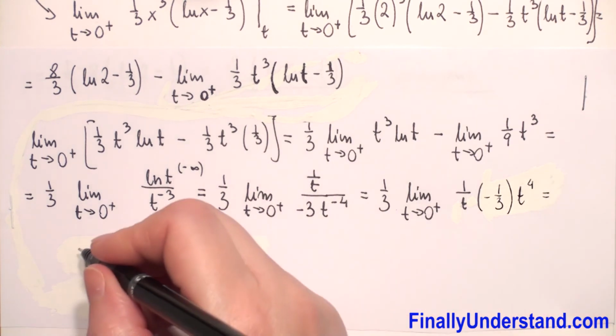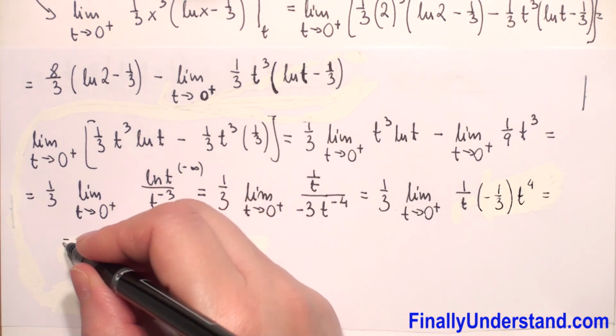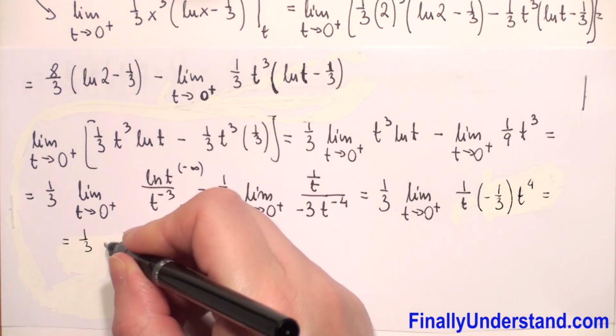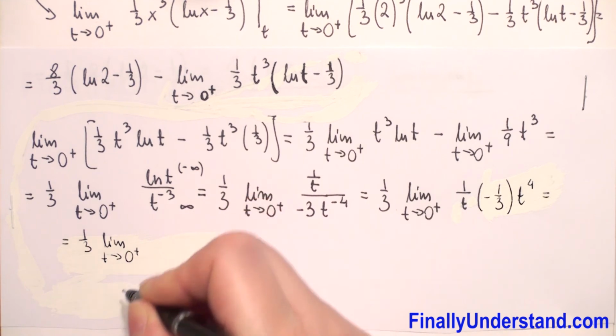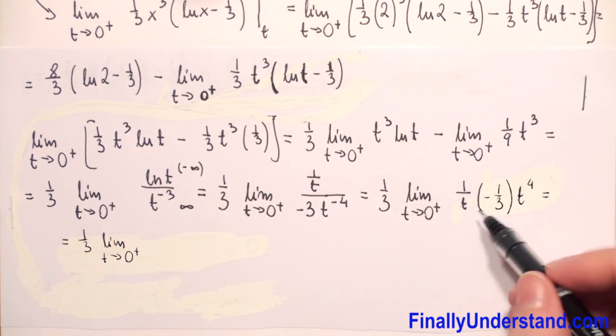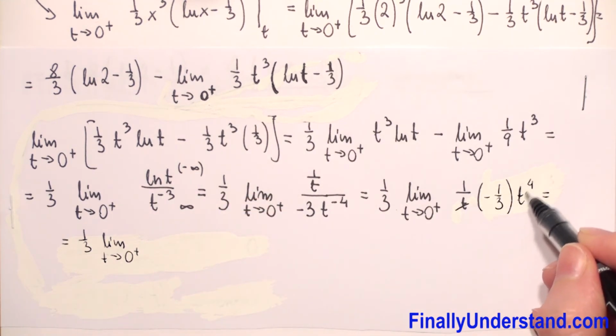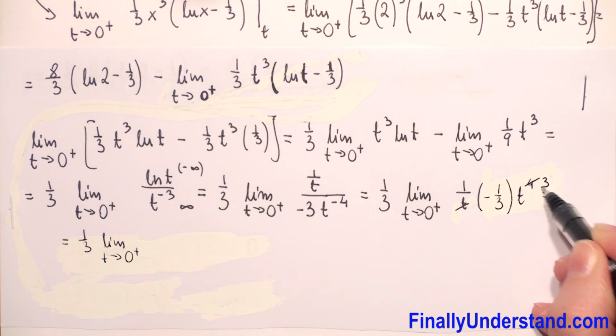This is equal, we have 1/3 limit t goes to 0 from right, and now we can reduce t with t to 4th power will be t to 3rd power.